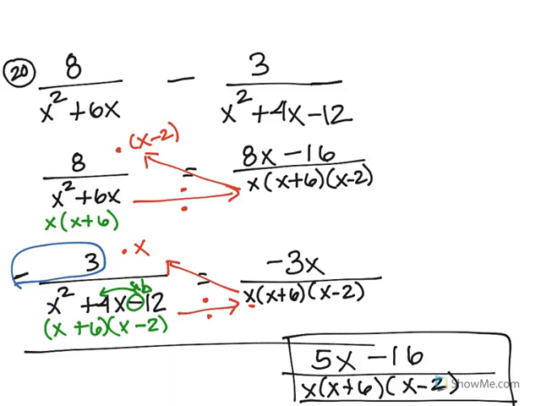On 16, we have on the bottoms x squared plus 4x plus 3, x squared plus 5x plus 4, and x squared plus 7x plus 12. And again, I'm only concerned with getting that least common denominator, so the top is not even important. But all three of these fractions have a trinomial on the bottom, so we're going to have to factor.